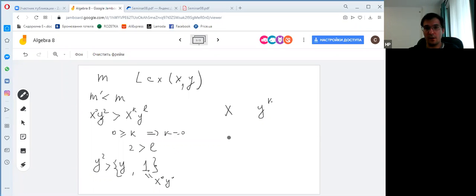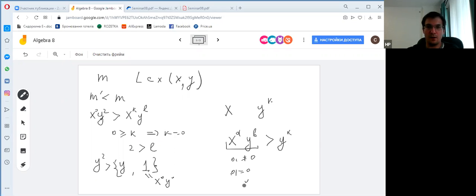If we have a monomial x in some power a and y in power b, then if a is not equal to 0, of course all the monomials y in power k are smaller. So there are infinitely many monomials which are smaller than this one. And the only case is a equal to 0.